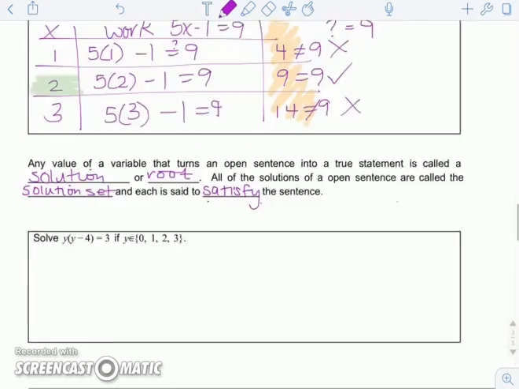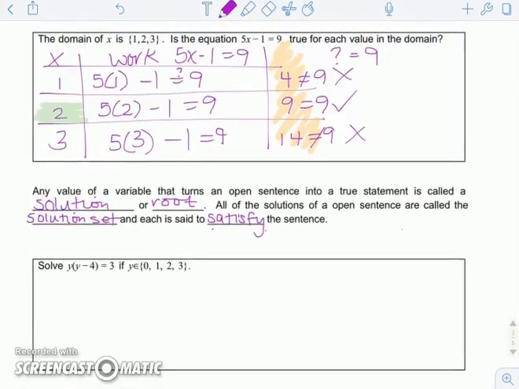So this example is similar to the one above. You would have to decide for what values of the given domain this equation would be true. So you'd plug in 0, 1, 2, and 3. I'll get a chart set up for you guys, and you guys are going to finish this one out on your own. So I'm going to plug in 0, 1, 2, 3. There's my x's in my domain.